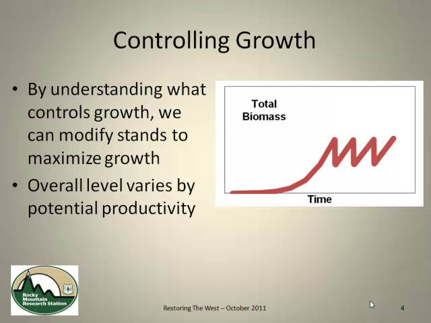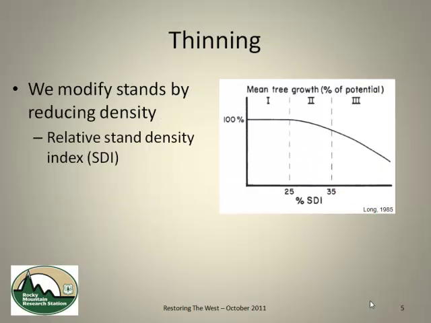And I'm going to make this comment that this overall level varies by the potential productivity of the site. And that's going to come into play when I do some modeling. On the ground, we do this through thinning, whether we choose what we thin, whether we choose what we're leaving on the site. I've plotted up this simple curve here to show that we tend to use a relative stand density index, some relative index of density on the site.